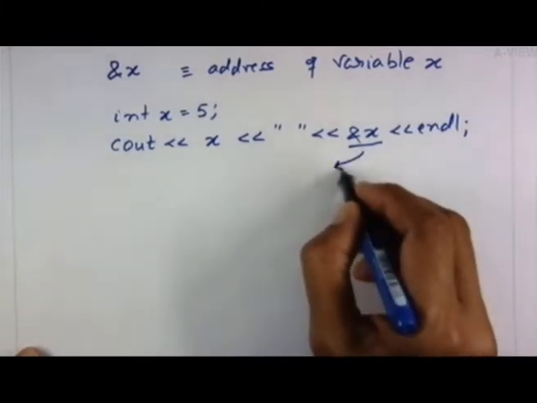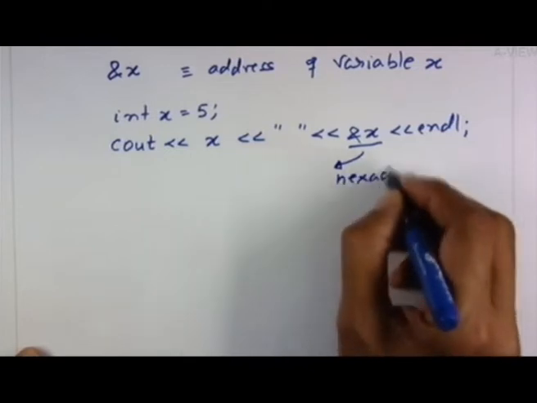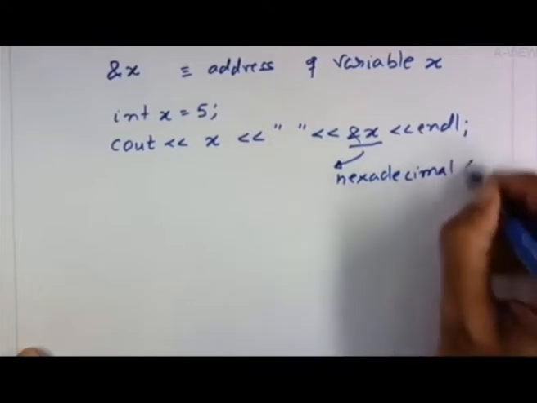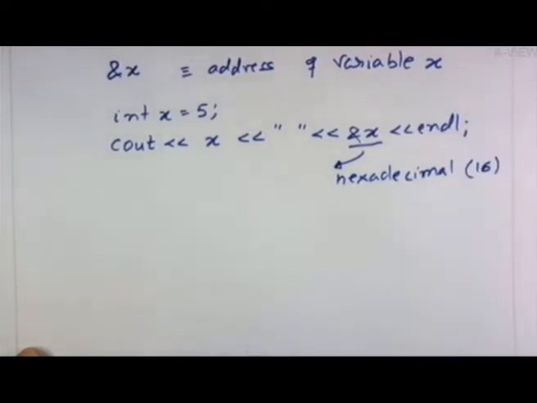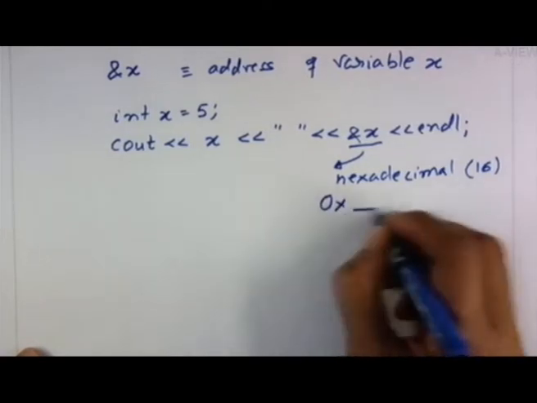If you do not, memory is typically written in hexadecimal base. Okay? Base 16, not base 10, not base 2, base 16. So these numbers are represented with 0x followed by some characters.